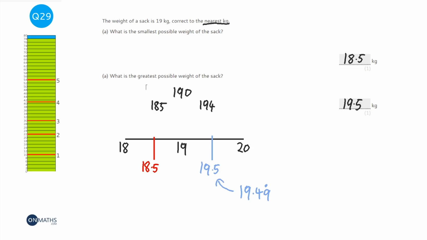So just be wary of that if you're working in discrete calculations, so things that can't be 0.00001 or something, then you do 4 at the end of it for the maximum. But if you're working with heights, weights, things like that, then 19.5 for this one is absolutely correct.